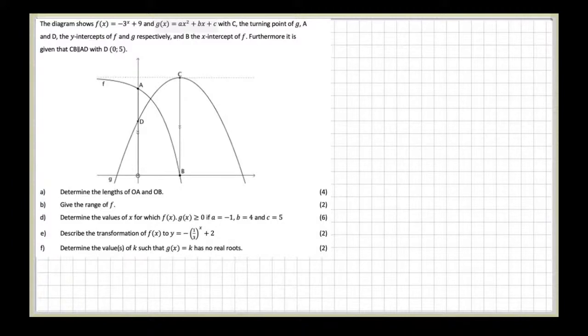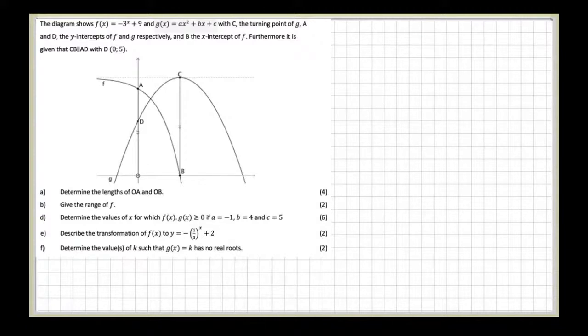Now, I adjusted this question a little bit to make it a bit more interesting. Actually, also to make it easier, because the original question was also determine f(x). Now, I'm not going to do that again, but it's a worthwhile exercise for you to see how can I determine g of x's equation.